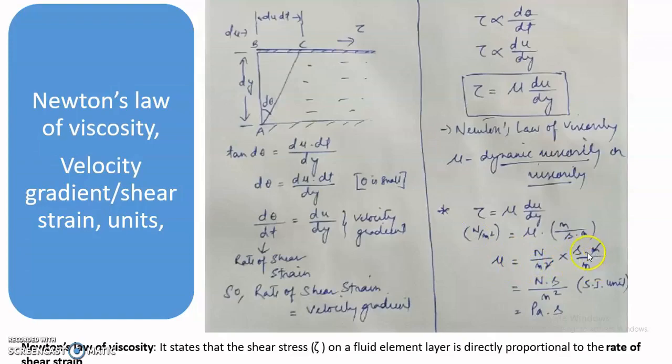So meter and meter cancel out. What remains? Newton second per meter square. And this Newton per meter square, we call collectively Pascal. Keep in mind, Newton per meter square collectively is Pascal, so Pascal into second. So in SI units, we have the unit of viscosity as Pascal second.